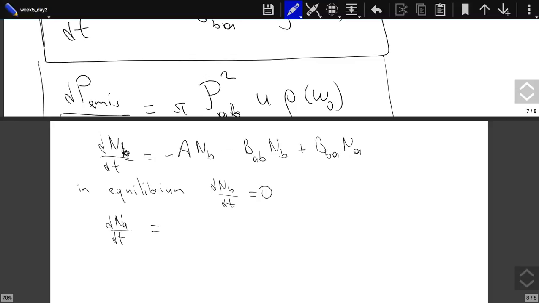Well, in this case, the A atoms can absorb. So that would reduce the number. So that will be minus, let's say, BA times NA.